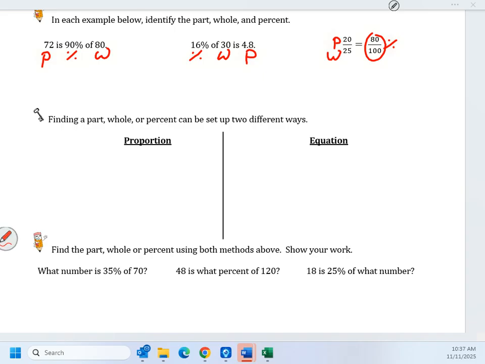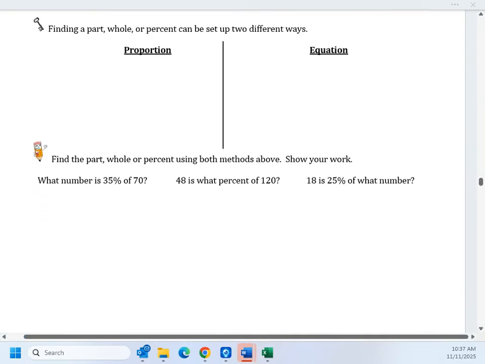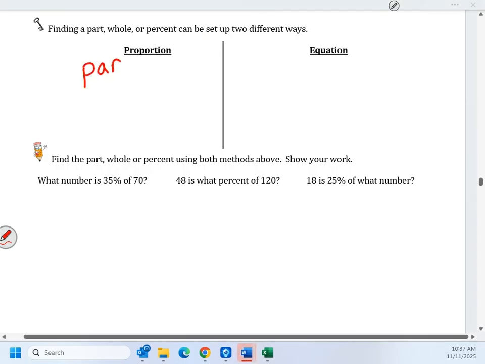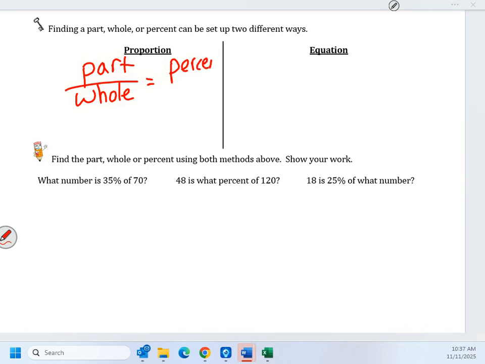All right, so we have two different ways. We said we were working on proportions and equations for finding the part, whole, or percent. So the first one is the proportion. So that would be part over the whole equals that percent over 100, right?